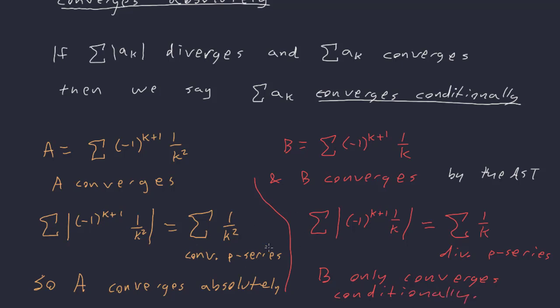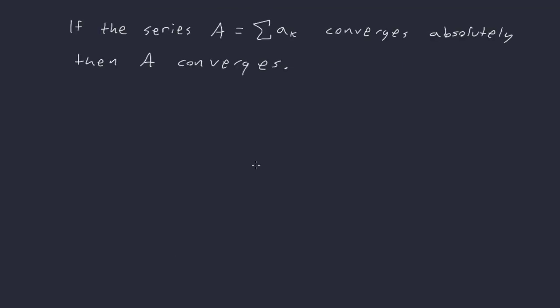Okay, so that's really what these definitions mean. So checking to see if something converges absolutely is actually what's more important. Here's why. If the series A converges absolutely, then A converges.